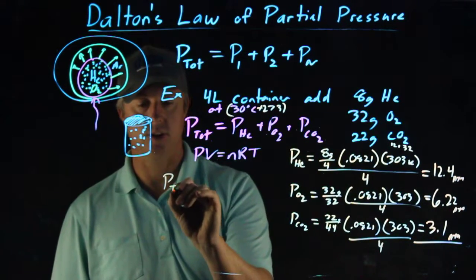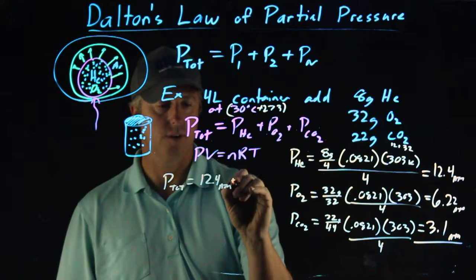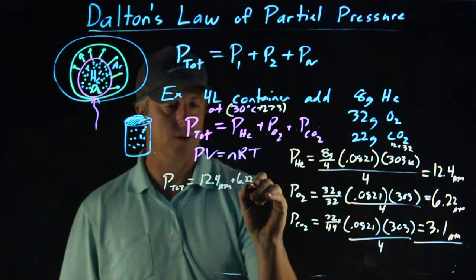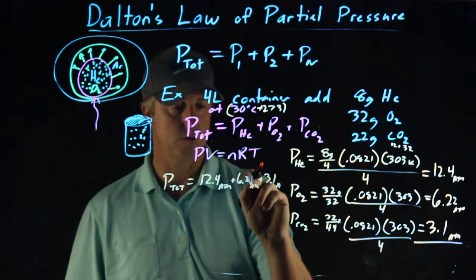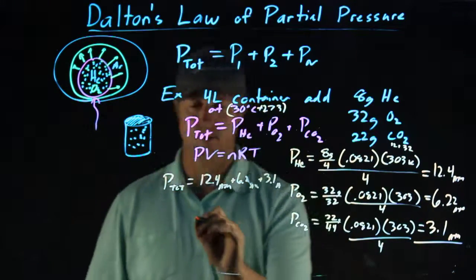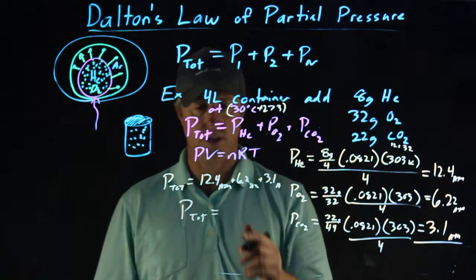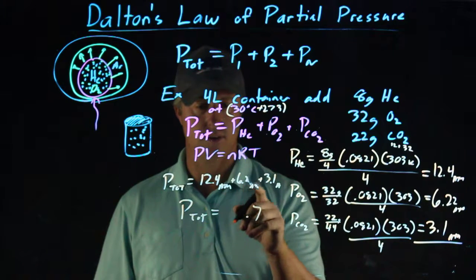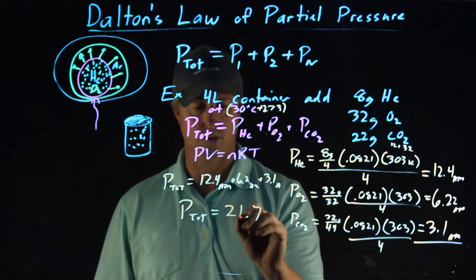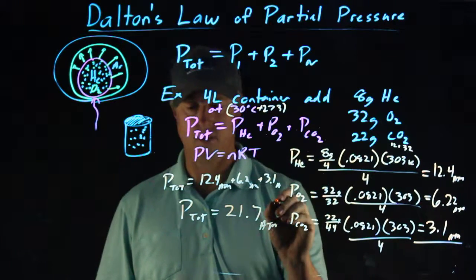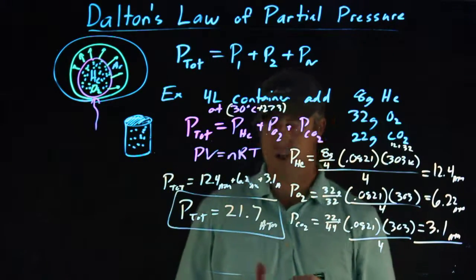So the total pressure is equal to 12.4 atmospheres plus 6.22 atmospheres plus 3.1 atmospheres. This is your math. Total pressure, according to Dalton, if I add all of these gases, would be 21.788 atmospheres. Wow, that'd be a lot, but then I put a lot of gas in there.